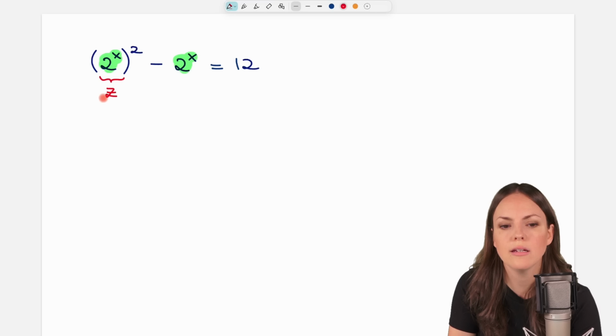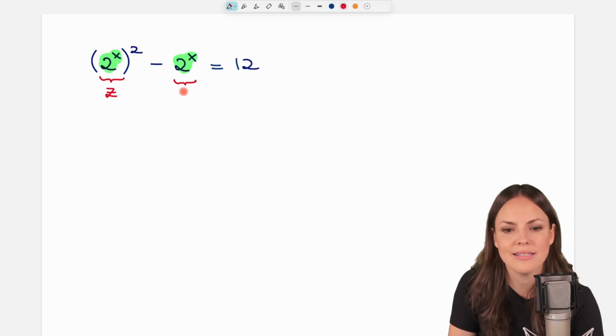You can choose any letter you want. Some people use U, others a T, whatever you like. We take z here, and because this repeats itself, we have z here again. So this is our substitution. The z stands for 2 to the power of x.